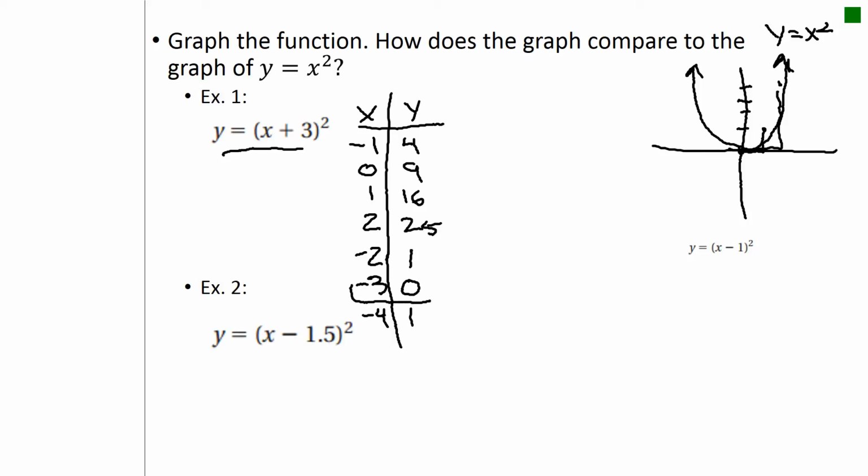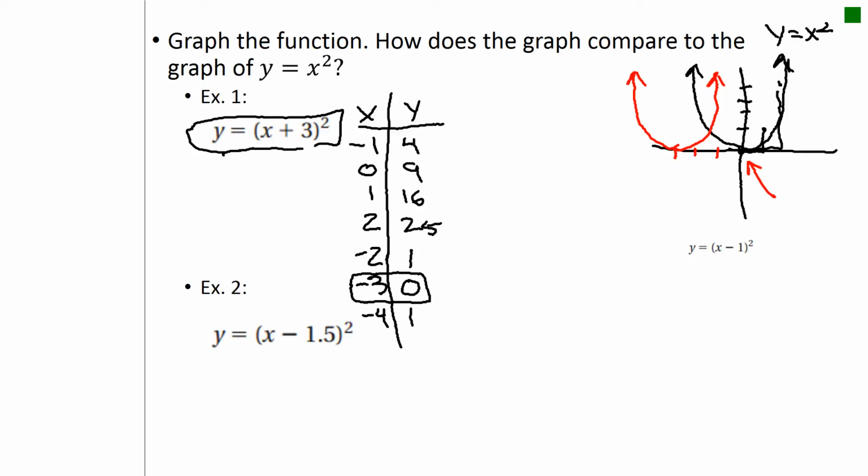I've just found the vertex way down here. So we know that the vertex of this equation, instead of being right here at the origin, must be over at -3. So this parabola has moved over 3 units to the left.